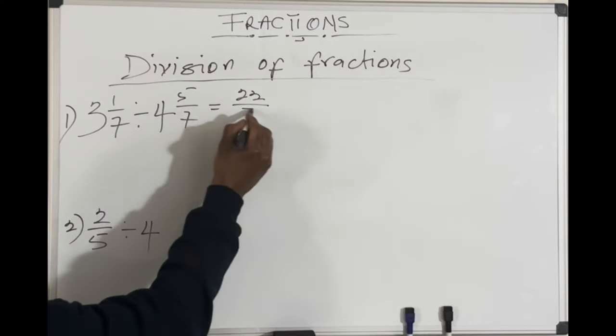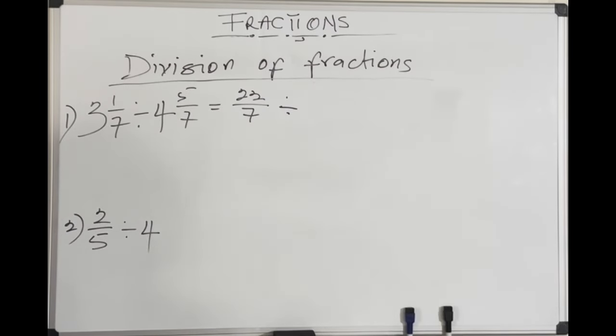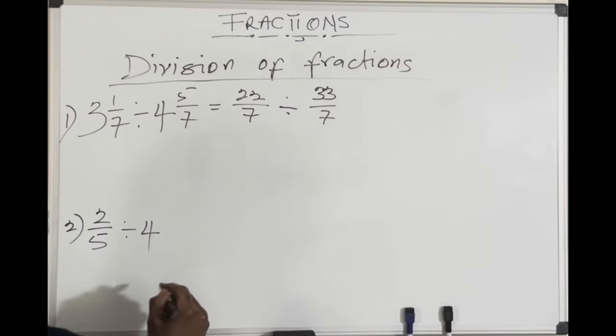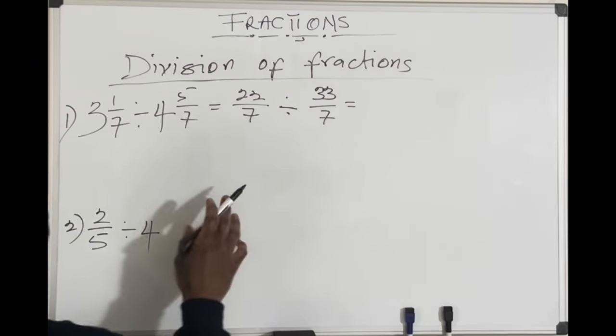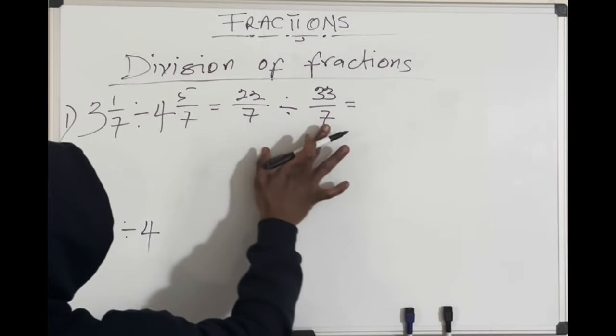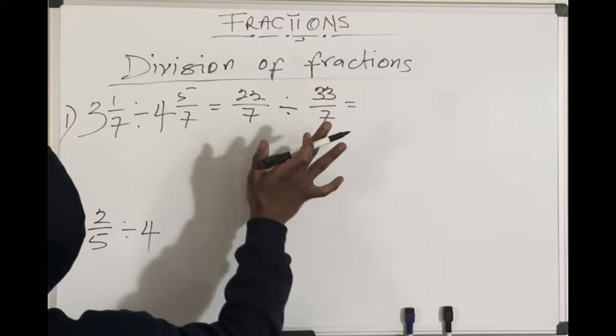Then over the 7. Divided by 4 times 7 is 28, and then 28 plus 5 is 33 over 7. Okay, then we can go on and multiply, change this division sign to multiplication, and also change 33 over 7 to what? 7 over 33.